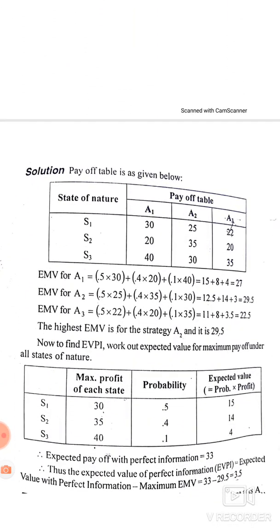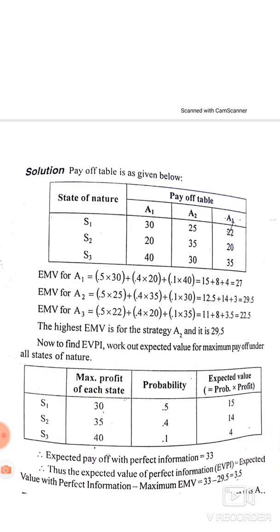So the solution is, first write a payoff table with the states of nature and the acts mentioned, and then we will calculate expected monetary value for A1, A2, and A3.